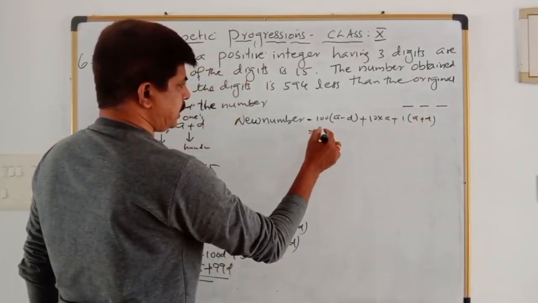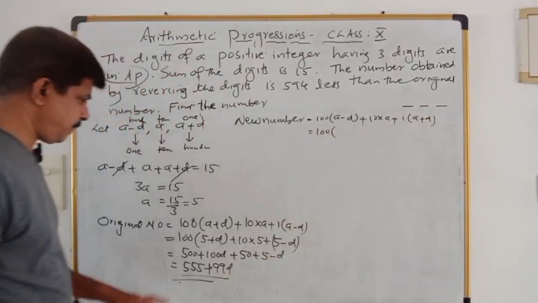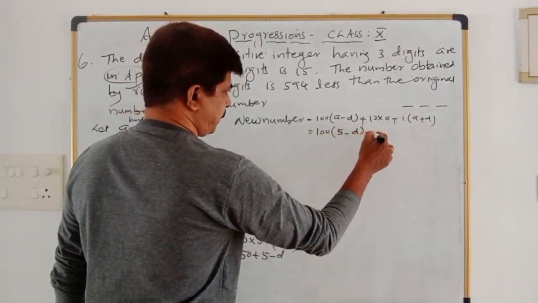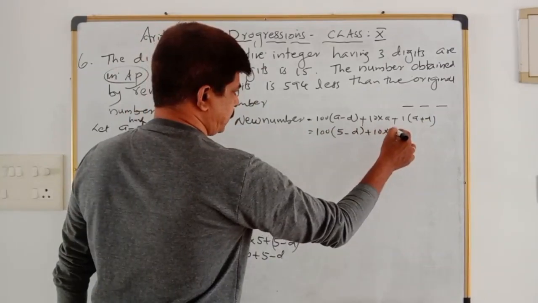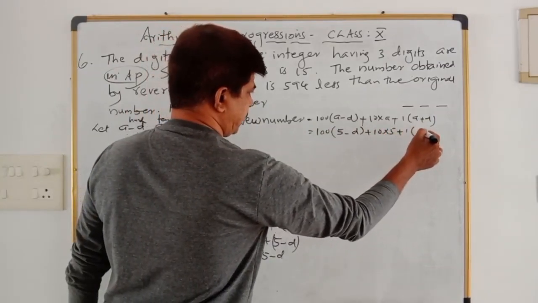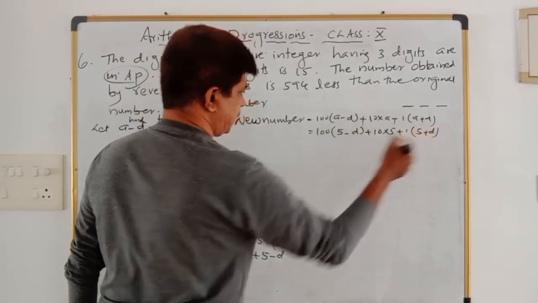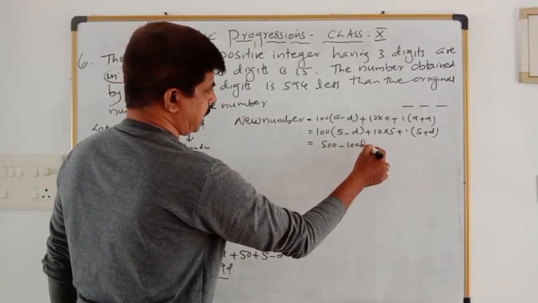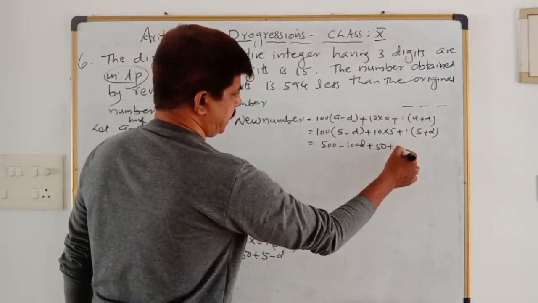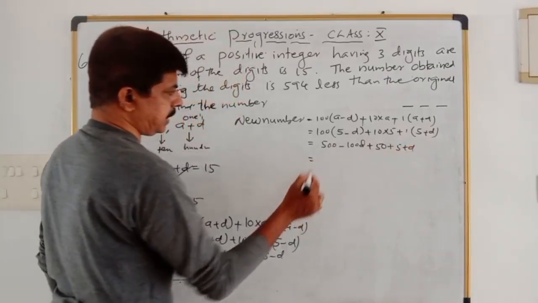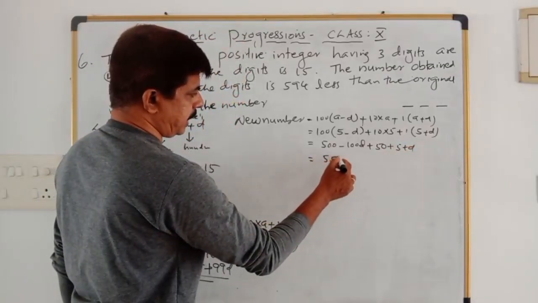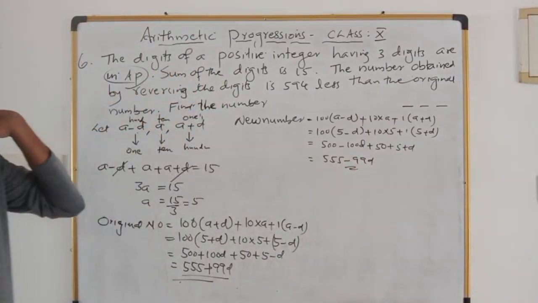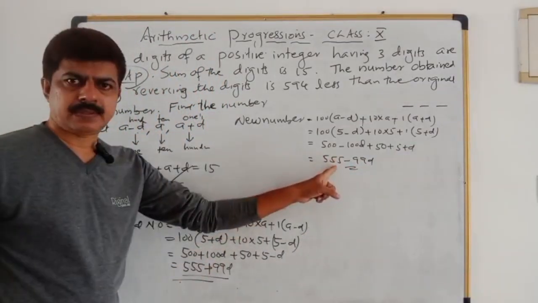Again a is substituted by 5. We have 100 into 5 minus d, plus 10 into 5, plus 5 plus d. So 500 minus 100d plus 50 plus 5 plus d. Here also we get 555 minus 99d. So these are the two numbers.